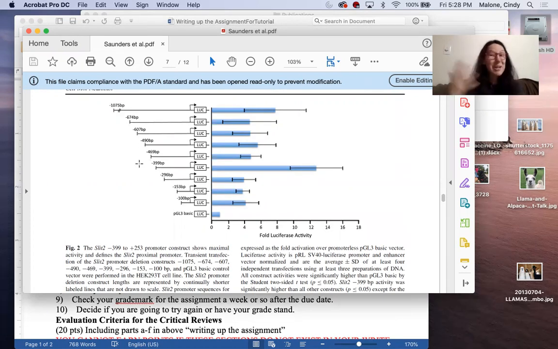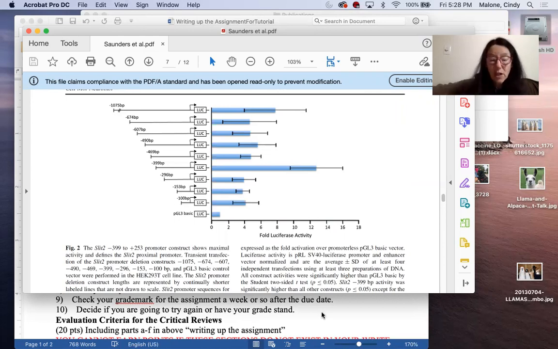We're going to pretend like we have the foresight to guess what's going to happen. Or we could just say, we hypothesize that there will be promoter activity. It will drive transcription in some place within this 1,000 base pairs upstream of the start site of transcription. Okay, so they had a hypothesis. They might not spell it out. You might have to infer what it is.